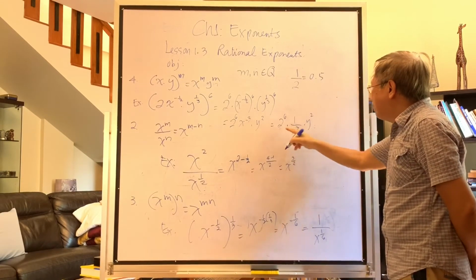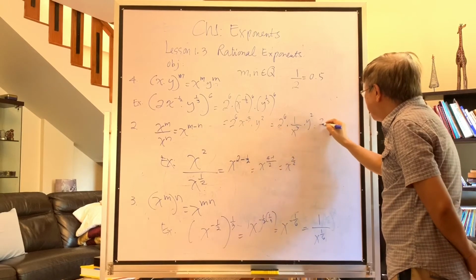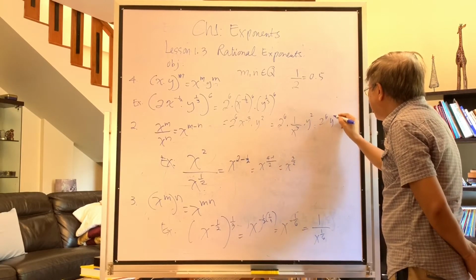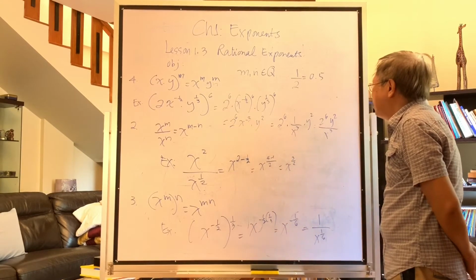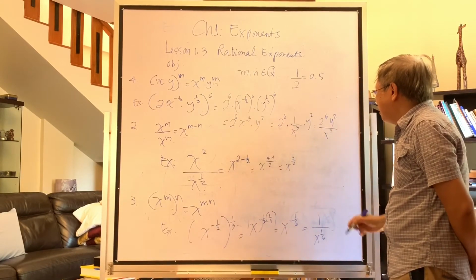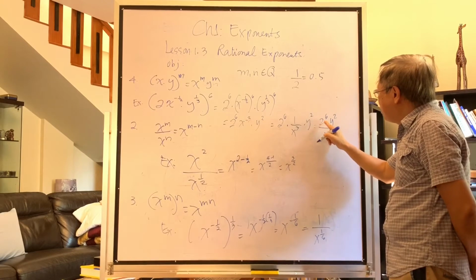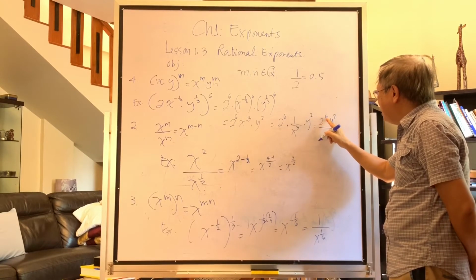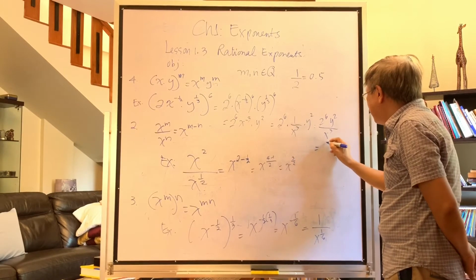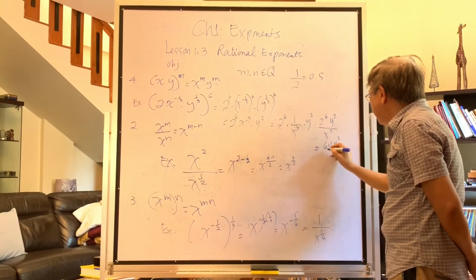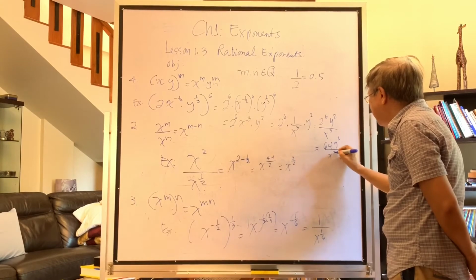But we can further write this as 2 to the 6 y squared over x cubed by definition of division. If you want to rewrite 2 to the 6 in its whole number form, you can do that. Okay, so 2 to the 6 is 64 y squared over x cubed.